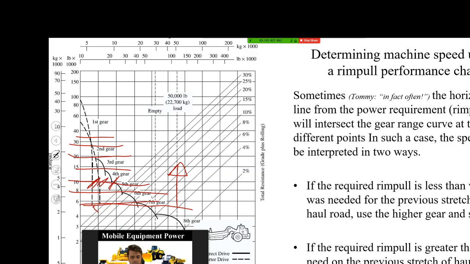Once again, you compare the rimpull with the rimpull in the previous section. Based on whether it is increasing or decreasing, you select the highest gear and its corresponding speed, or the lowest gear and its corresponding speed.